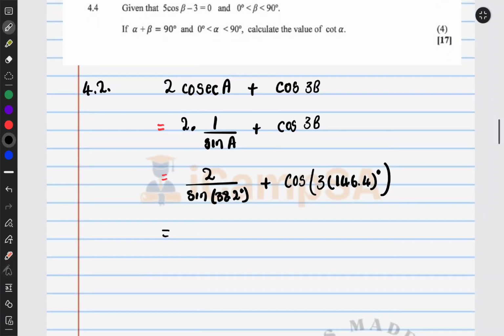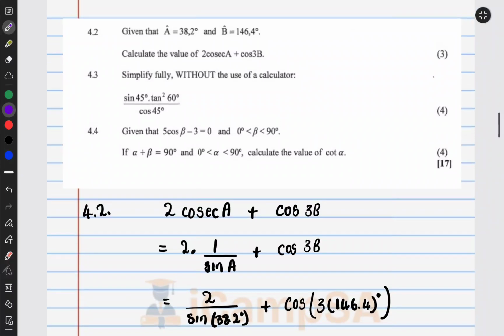So this is going to be 2 over sine 38.2 plus cos of 3 multiplied by 146.4, and then we have 3.42. That is the value of this expression for the given angles.